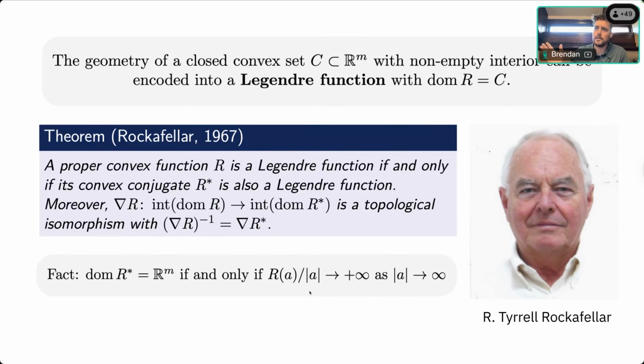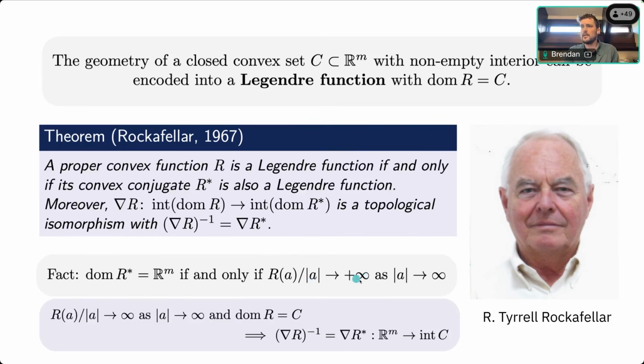This is saying that your function grows faster than any linear function as you move away from the origin. This is called superlinearity or supercoercivity. There are many different names for the same concept. Optimizers haven't settled on what they really want to call it, but it's a well-known common condition.